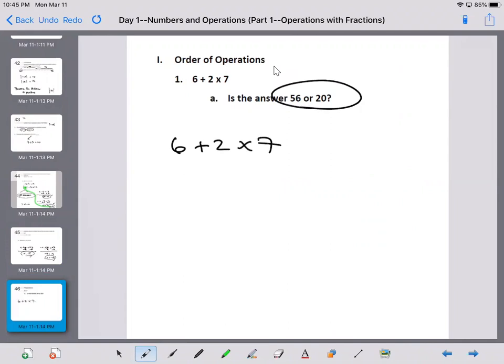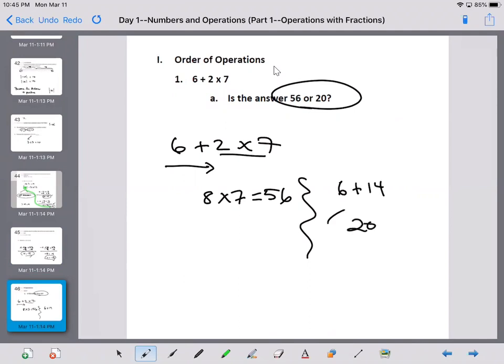Well, think about how you would get that. If I did 6 plus 2 is 8, 8 times 7, well, that's 56. But if I do the correct order and do 2 times 7 is 14 first, then 6 plus 14 is 20. So the answer is actually 20. The answer is not 56. That would be going out of our order.